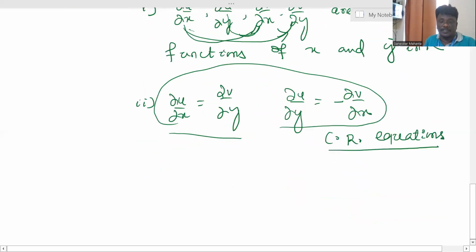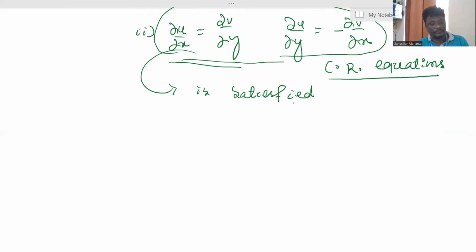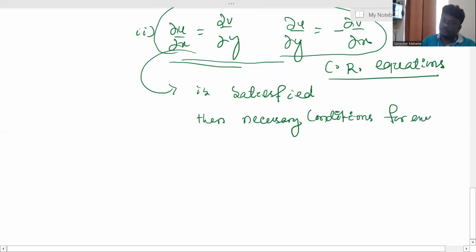If the CR equations are satisfied, then the necessary condition for existence holds.